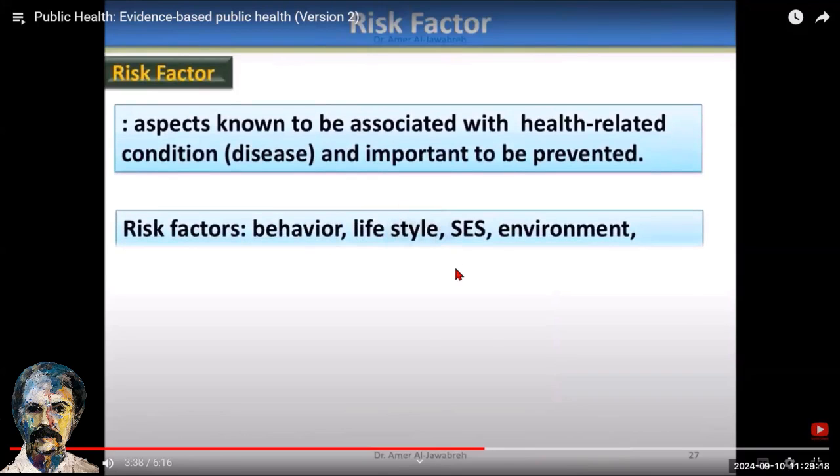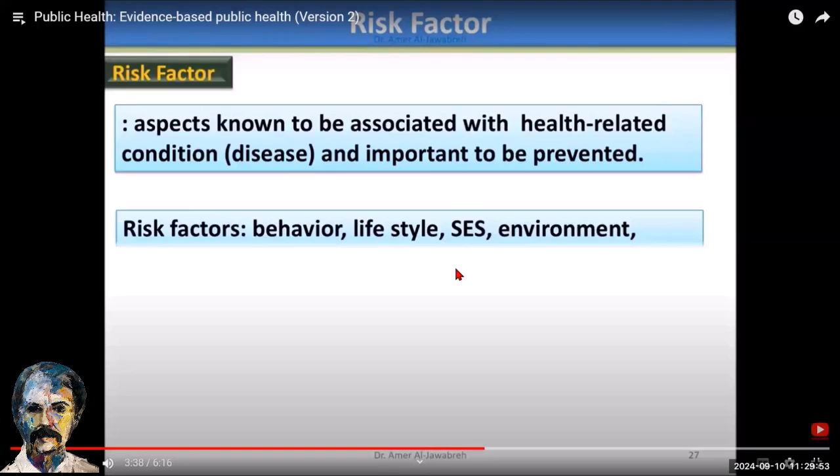A risk factor is an aspect or issue known to be associated with an adverse health condition, in other words with disease and illness, and important to be prevented. If you smoke, you have to stop, otherwise you get lung cancer. If you are obese and eat a lot, you have to minimize, otherwise you'll get cardiovascular diseases. If you are lazy, with no exercise, you have to practice exercise so that you become healthier. So these should be prevented.